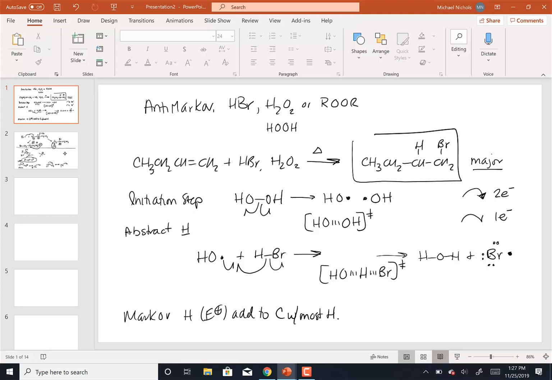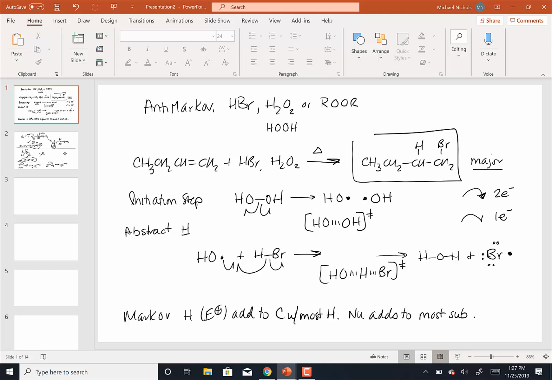And then the nucleophile adds to the other carbon, which is the most substituted.